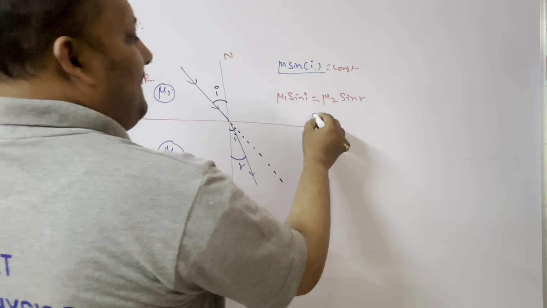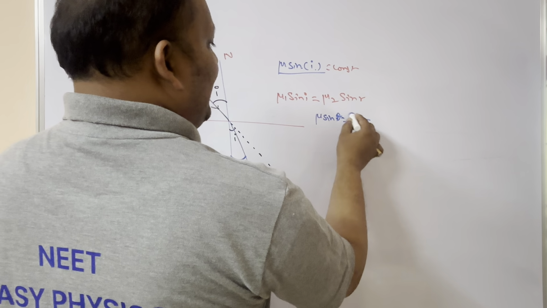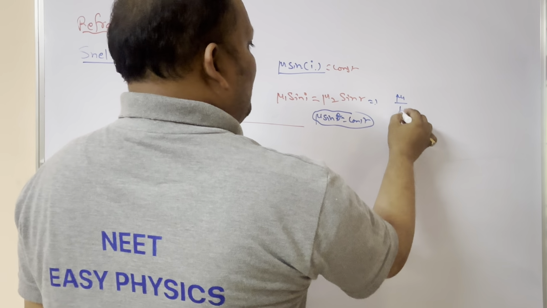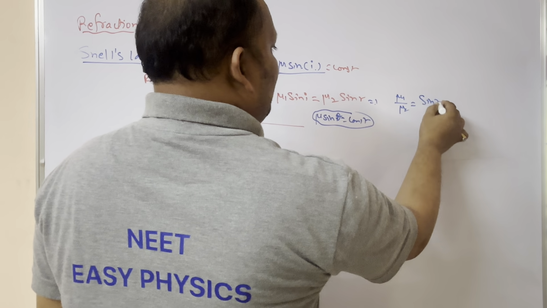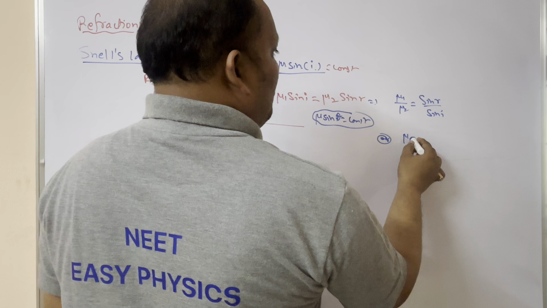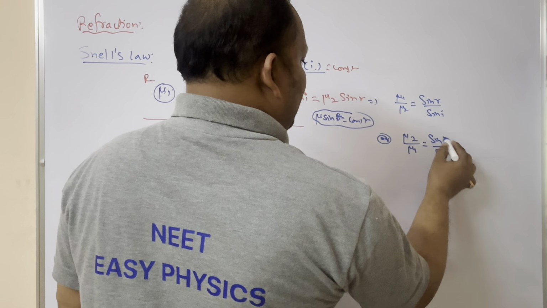So finally, mu sin theta is going to be constant. From this equation, we write mu1 by mu2 is equal to sin r by sin i. Otherwise, mu2 by mu1 is equal to sin i by sin r.